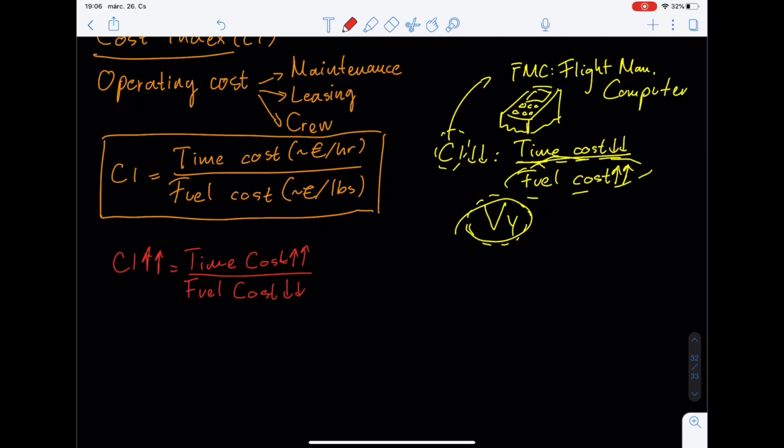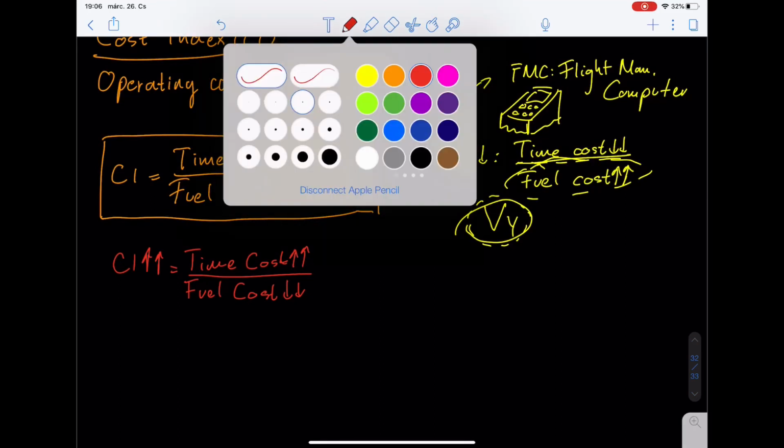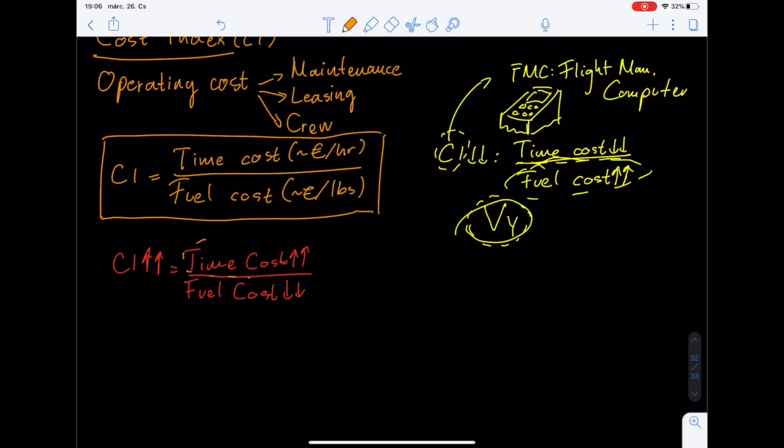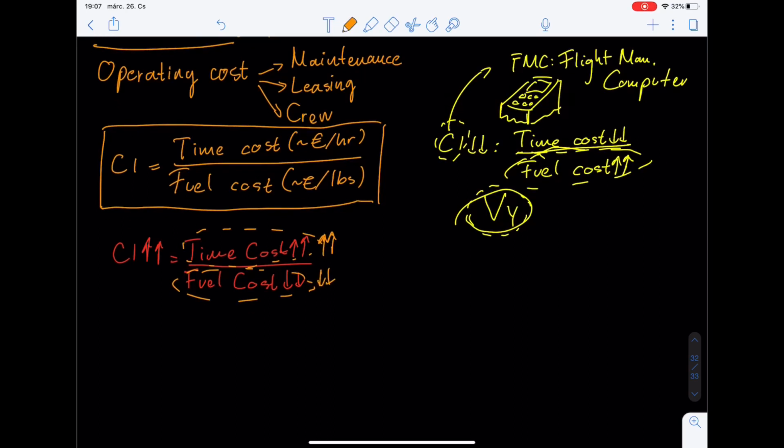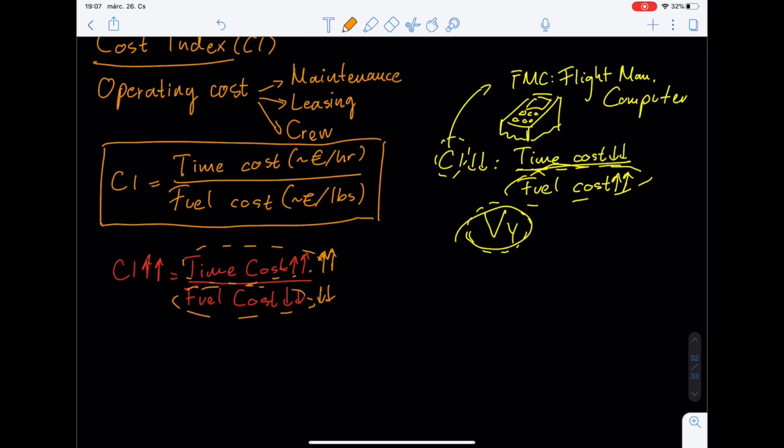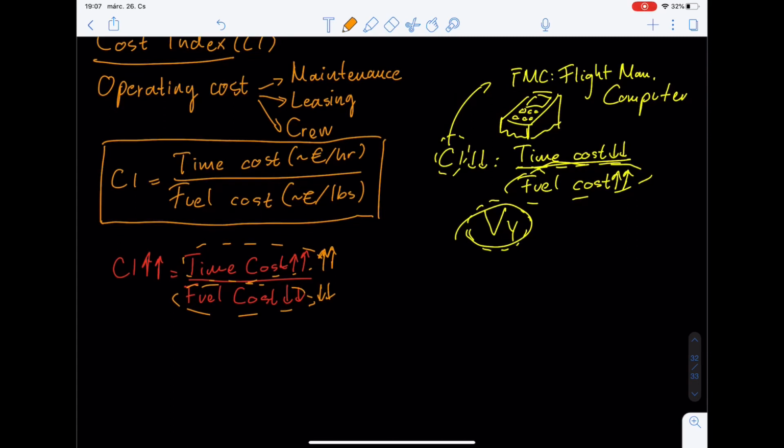What that means is that you have maintenance cost and crew cost and leasing cost, which are relatively high, and you're going to have fuel cost, which is relatively low. So in that case, it doesn't matter whether you're that fuel efficient or not. However, it matters for you to be on the ground, roughly speaking, as soon as possible.